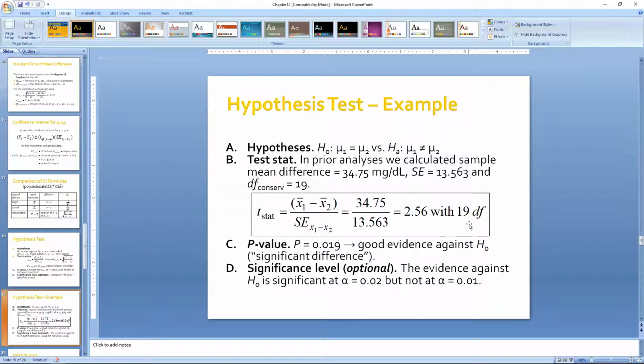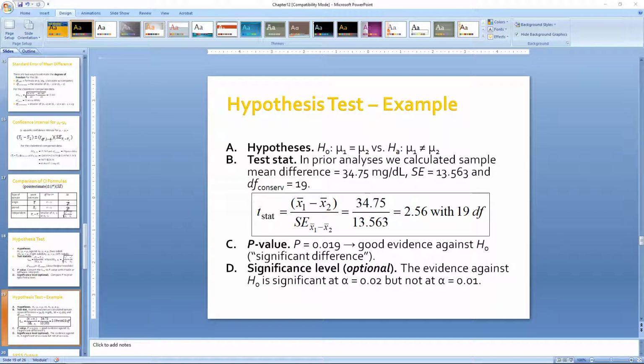So we look up degrees of freedom 19 in the back table, which will be at 0.95 or 0.975 cumulative probability, because we're doing a two-sided test, and we see what our critical cutoff point is to determine if we have sufficient evidence against the null hypothesis, in which case we get a p-value of 0.019. So it's good evidence against the null hypothesis. This evidence against the null hypothesis is significant at an alpha level of 0.02 or greater, but not at 0.01.